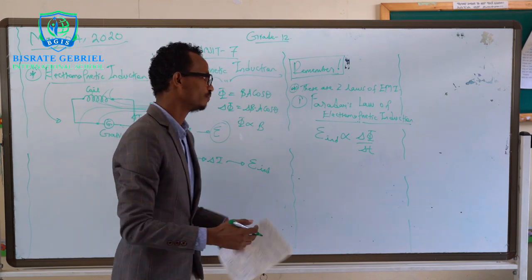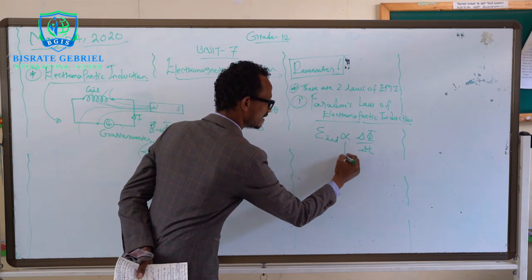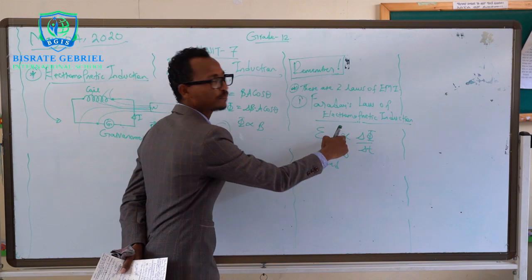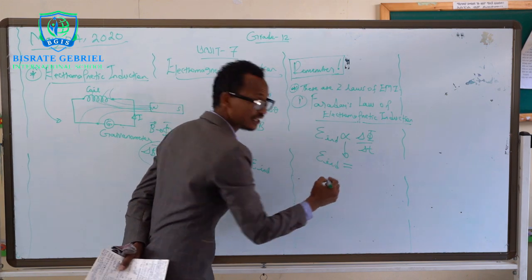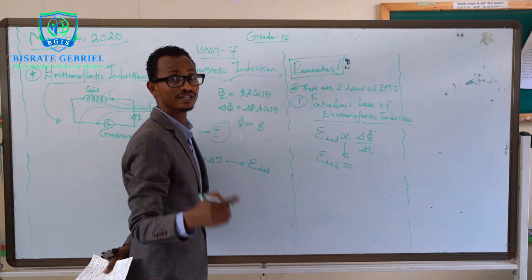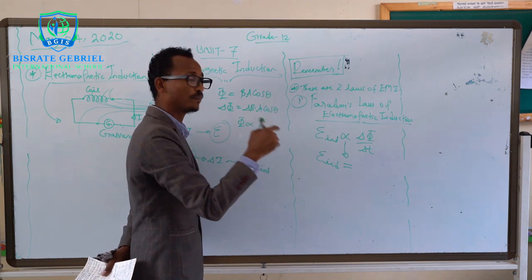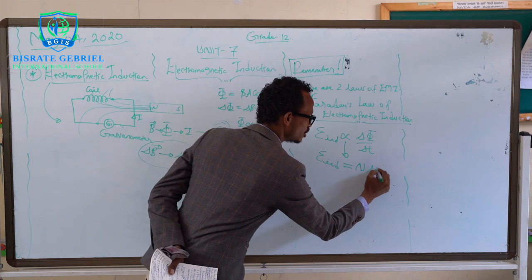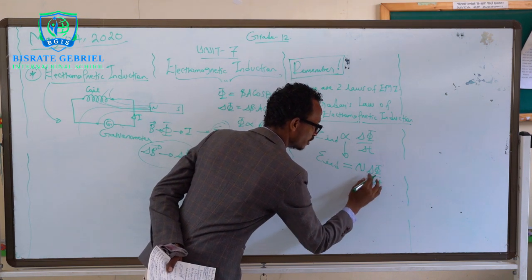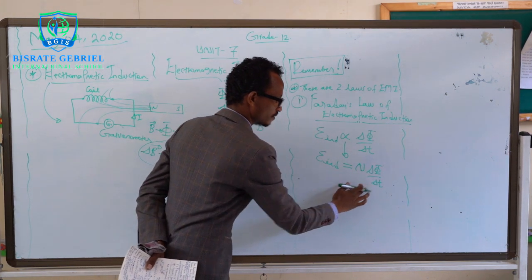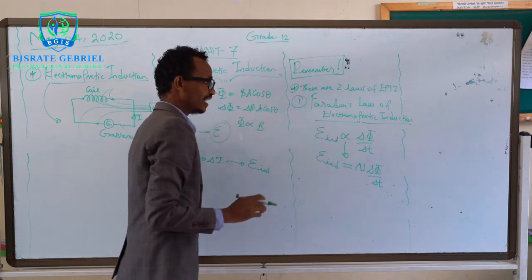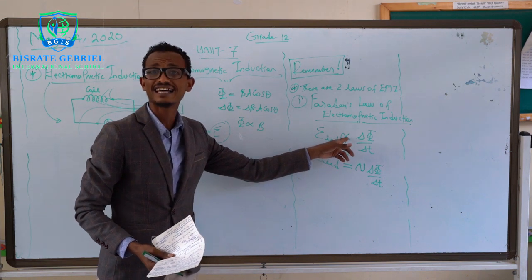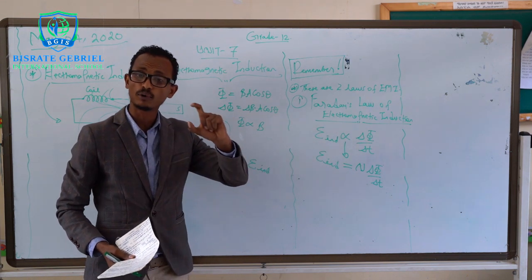And as you know from your previous physics lessons, if you want to change this proportionality sign into an equal sign, we always have to use a proportionality constant. The proportionality constant that we use is capital N, times change in flux over change in time.